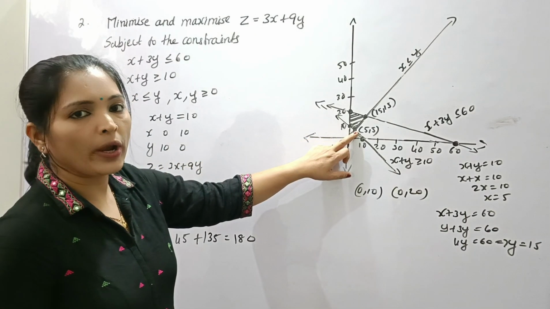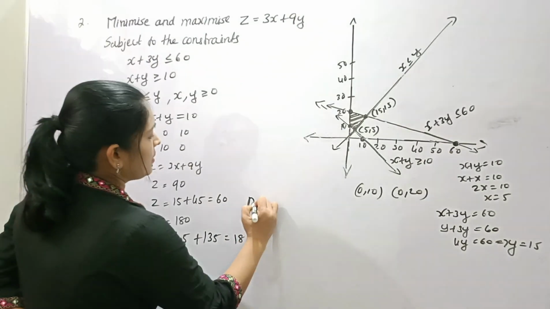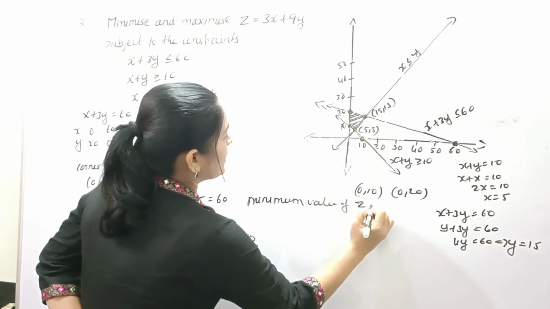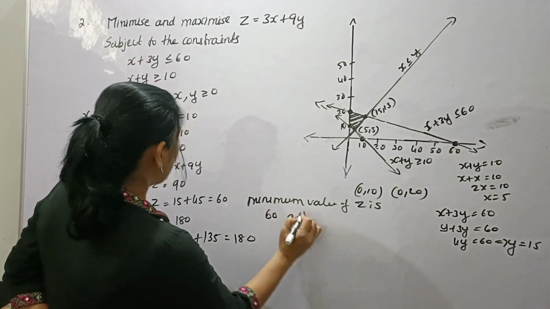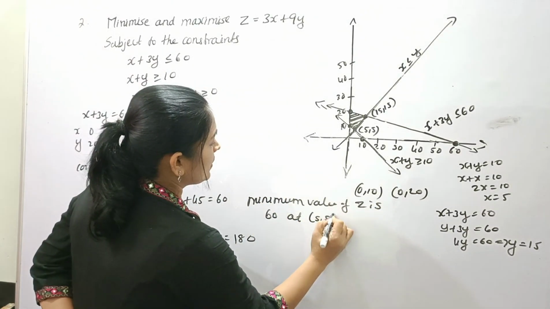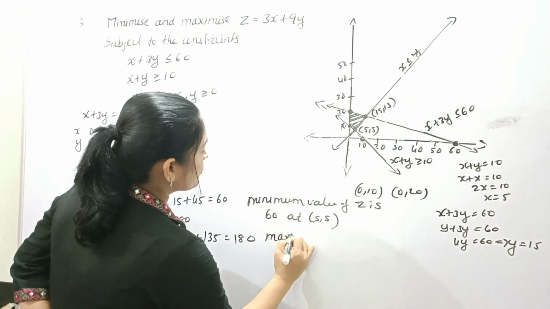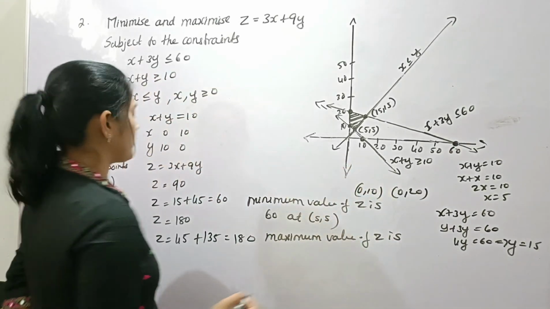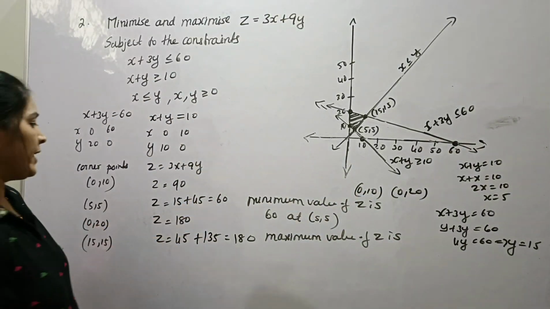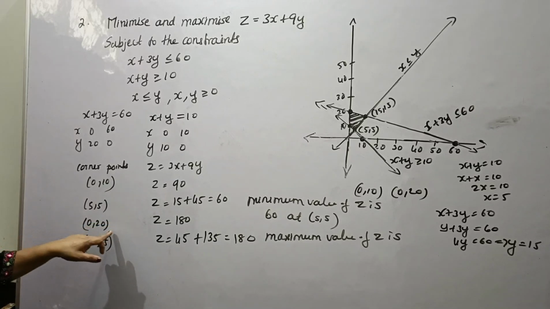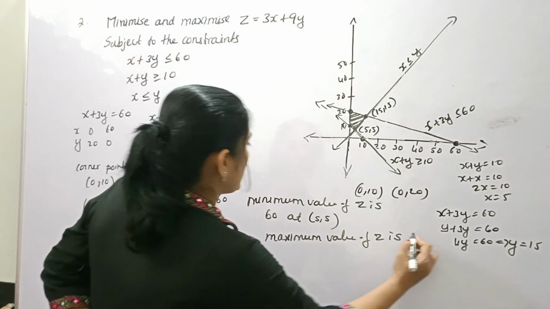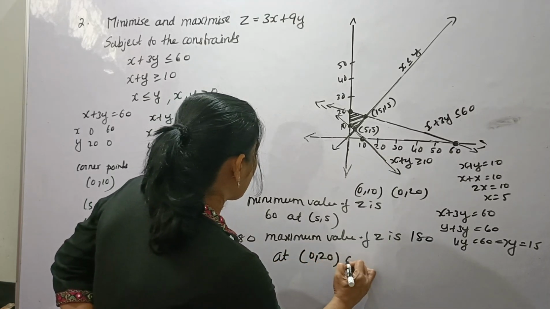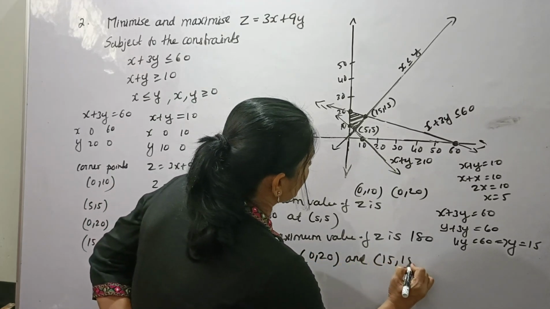So the minimum value of z is 60 at 5, 5, and the maximum value of z is 180 at 2 points, 0, 20 and 15, 15.